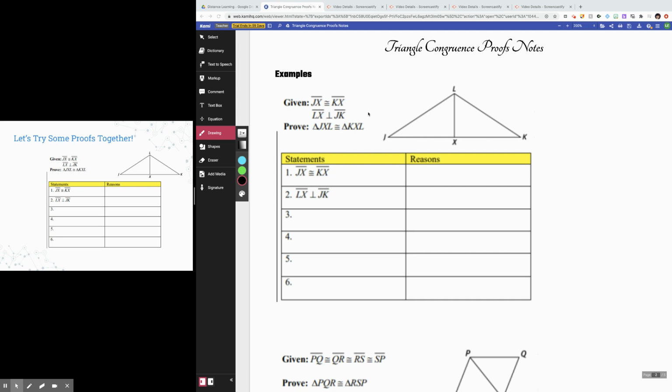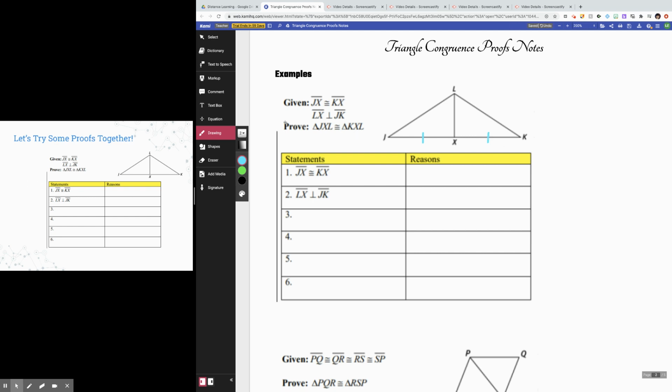Okay, so we're going to follow the steps that we normally would follow. I told you that step one, whenever you are doing a proof, is to take the information that they gave you and mark the information that you know on the diagram and make yourself a roadmap. Here I have JX is congruent to KX, so I'm going to mark that with a little congruence mark right there.